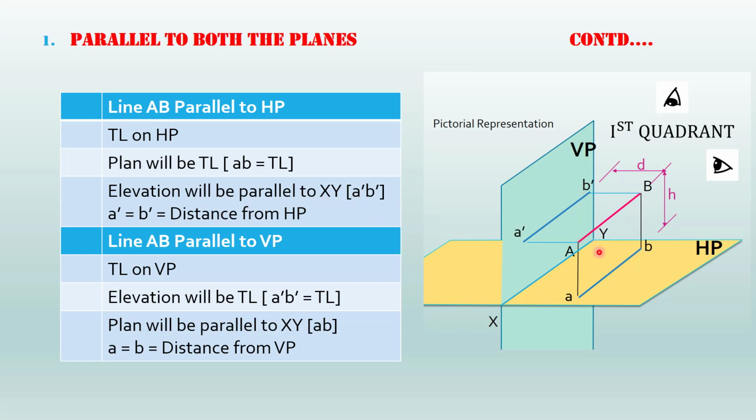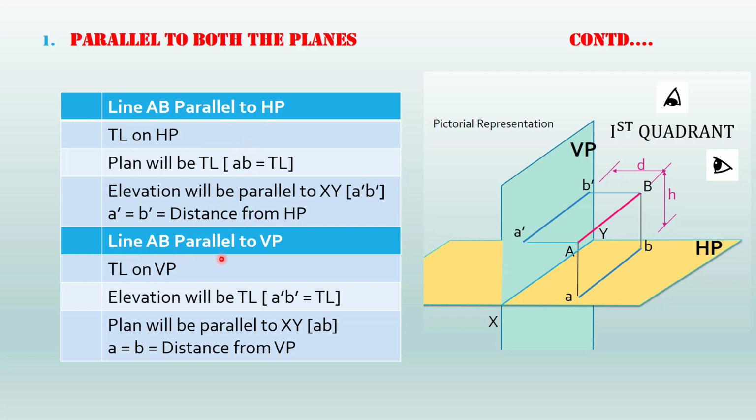So if the line is parallel to HP, the elevation will be parallel to XY. Clear? So the distance of A dash will be equal to the distance of B dash, which will be equal to the distance of the original points from the horizontal plane. So these are the points to be kept in mind when the line AB is parallel to HP.